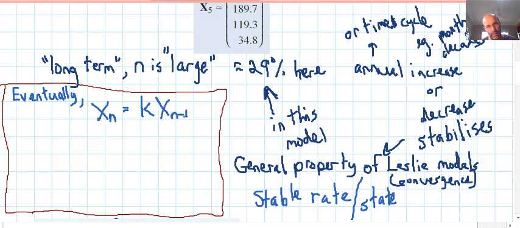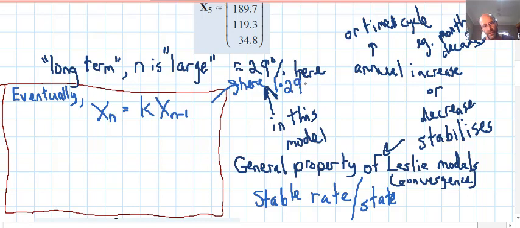So from one cycle to the next, we're getting the same scalar multiple for the population. So here, in this case, k would be 1.29.